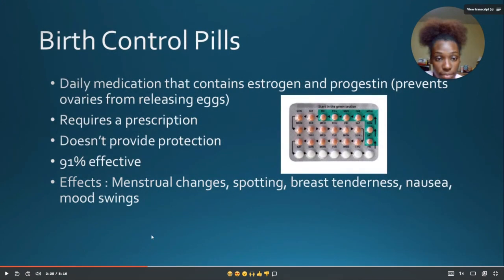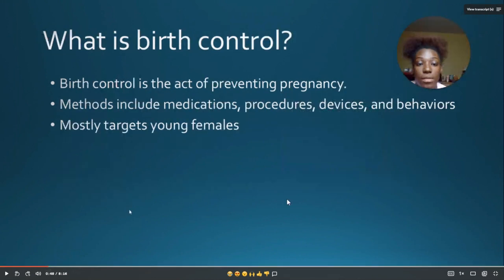Same thing here with birth control pills with a number of bullet points and the effectiveness. What is birth control? And this is where you can never assume, depending upon the level of sophistication, depending upon age, depending upon where you grew up, what your parents said or didn't say, you may not necessarily, depending upon your circumstances here or around the world, know a lot about birth control.